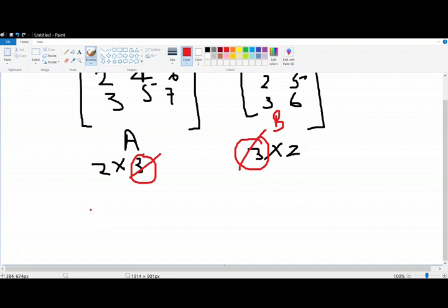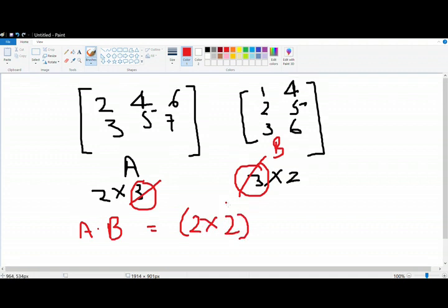The resultant matrix A into B will be of order 2 by 2.